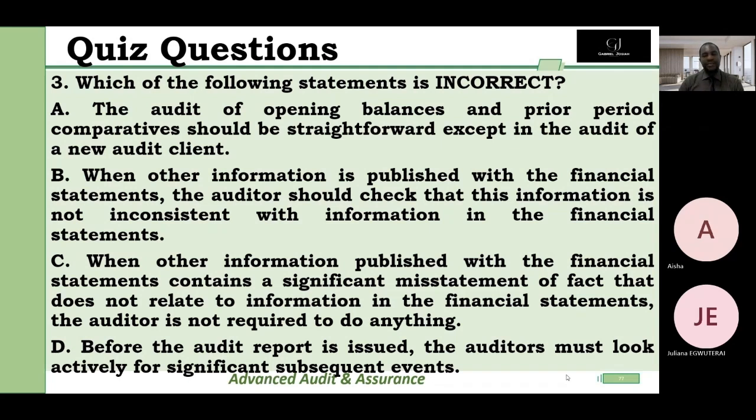C, when other information published with the financial statement contains a significant misstatement of fact that does not relate to information in the financial statement, the auditor is not required to do anything. D, before the audit report is issued, the auditors must look actively for significant subsequent events. What's your pick? Which statement is not correct out of all of them?